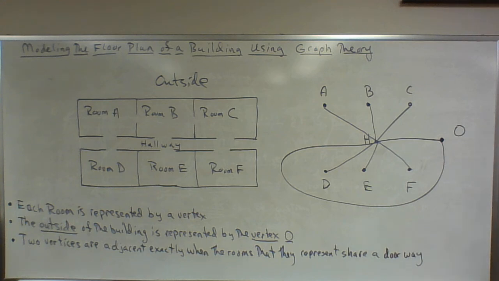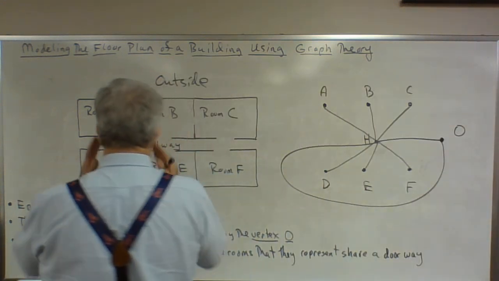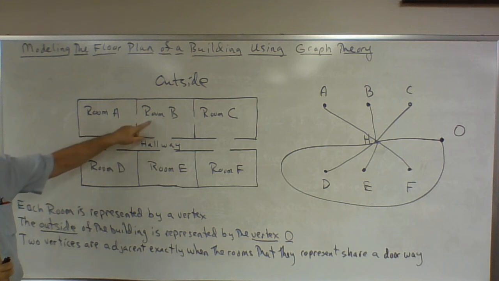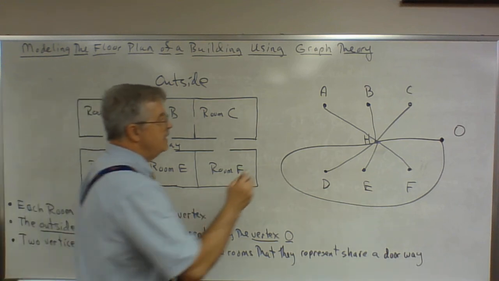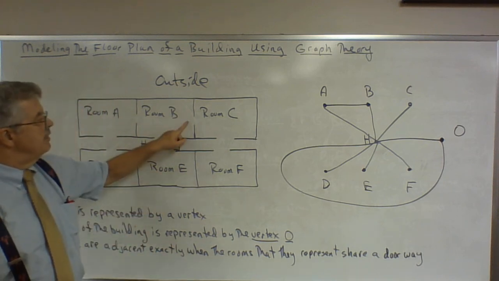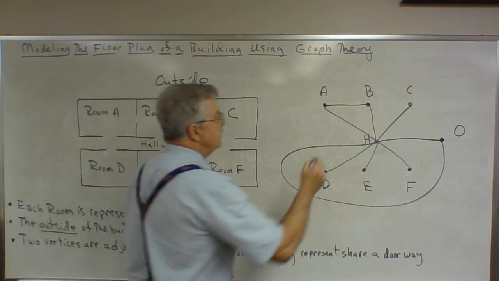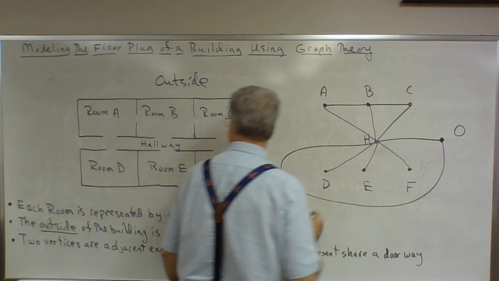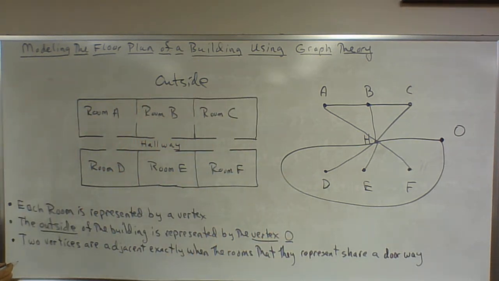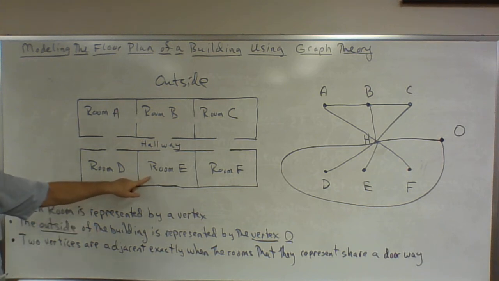Are we done? No. Some of these other rooms are connected to each other by means other than the hallway. There's a door that's shared by room A and room B. There's a door that's shared by room B and room C. And room D and room E don't share a door.